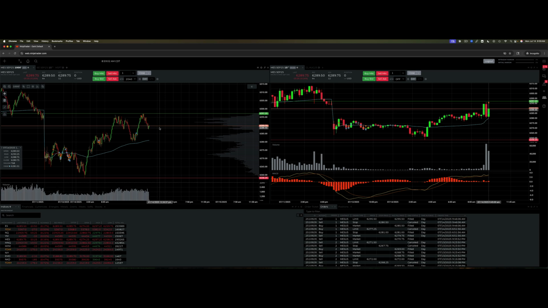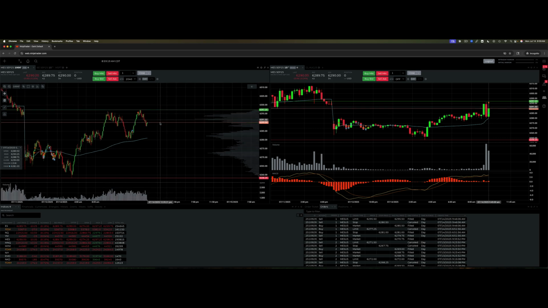So previously in my trading, I would get in right here. I would be like, all right, this seems like a decent pullback. I see a green candle, and then I would get in right here. I'm not going to do that. Maybe it will work out and we'll just go back up.